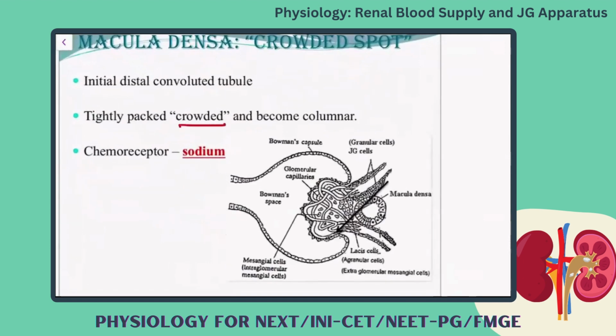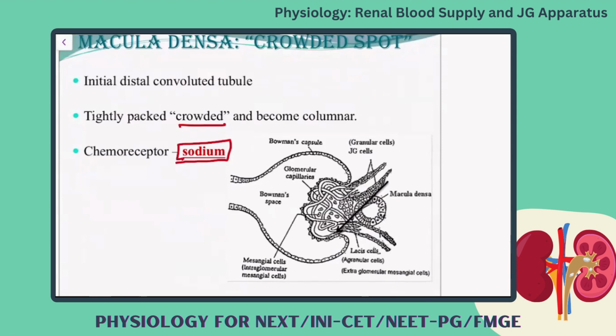The macula densa's main thing is they are crowded structures. It acts as a chemoreceptor specifically for sodium. So if there is an increase or decrease in the sodium, it will give a signal to the tubular system of the nephron to either retain the sodium or to reabsorb the sodium. So that will determine the fluid level. This is how the kidney is playing a role in maintenance of blood volume.